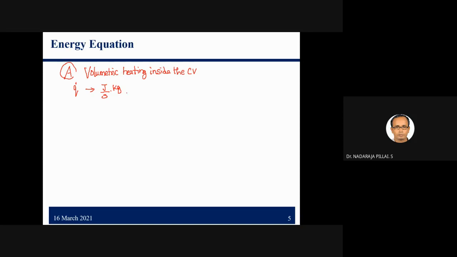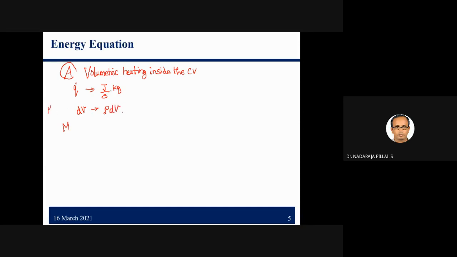So we can now write that the mass contained within an elemental volume, because our ultimate goal is talking about the elemental volume, right? So let us write the mass in the elemental volume is rho into dV.